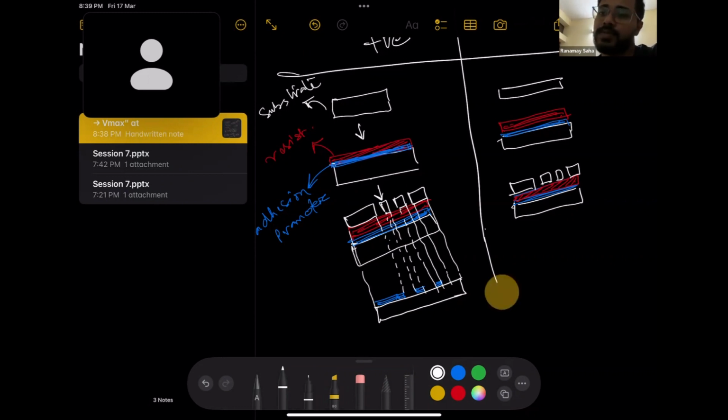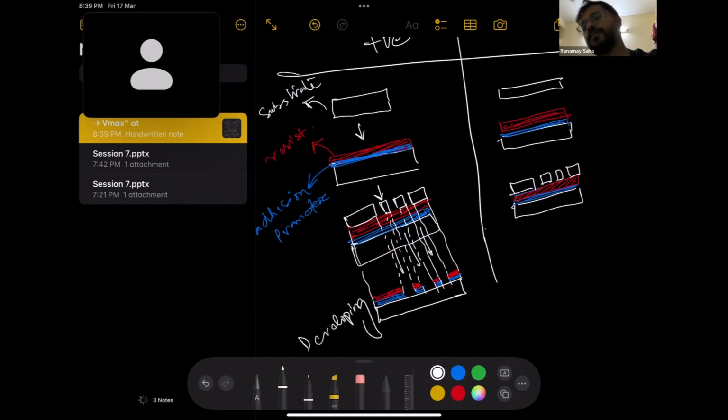The exposed areas go away and the unexposed areas remain. This happens to be your last step, the developing step, which gives you this type of pattern in case of positive resist.